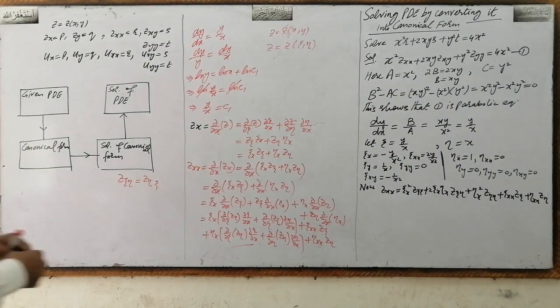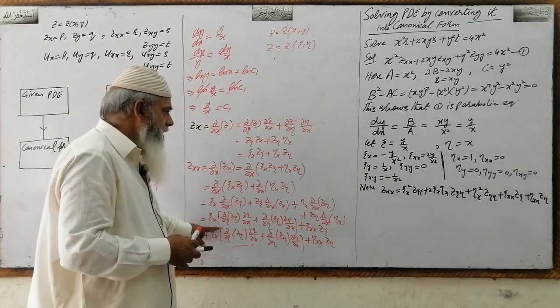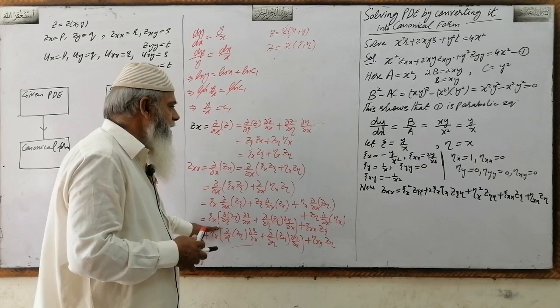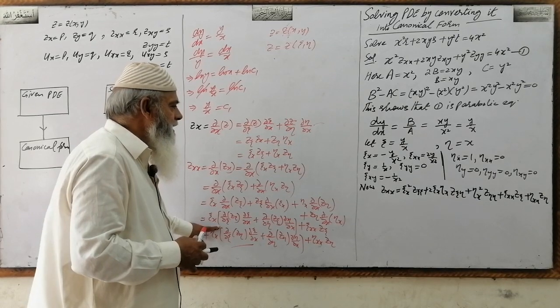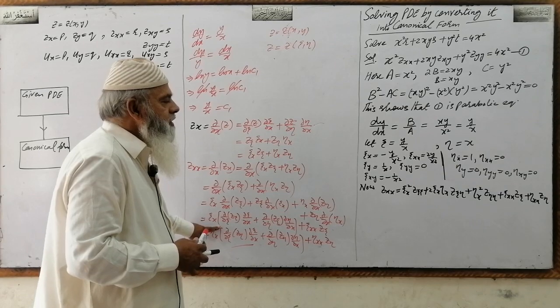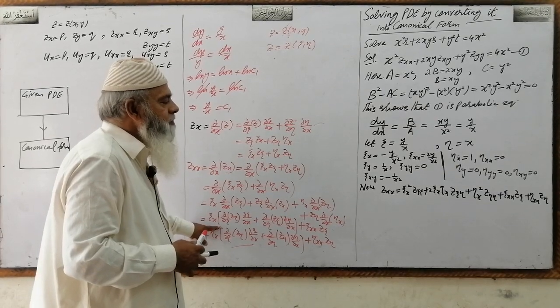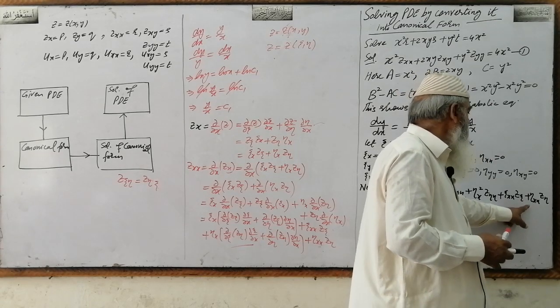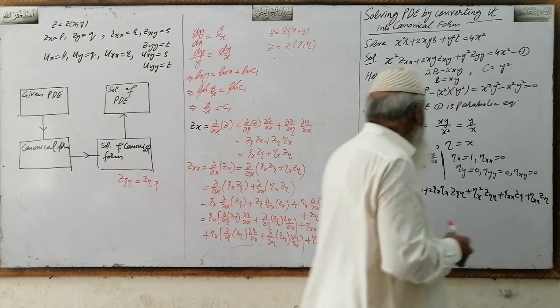I think it's clear now. Xi x square z double xi plus 2 xi x eta x z xi eta plus eta x square z double eta plus xi double x z xi plus eta double x z eta.